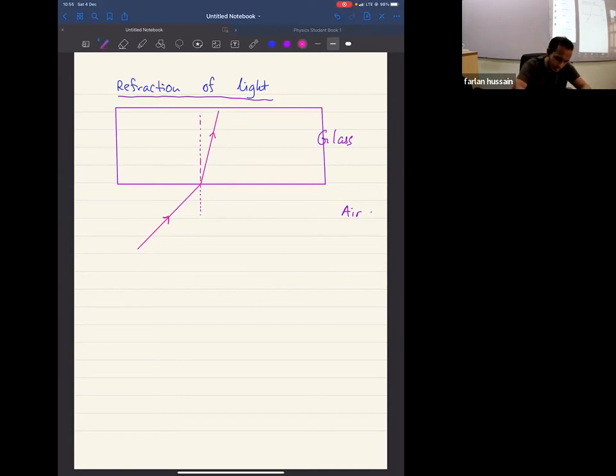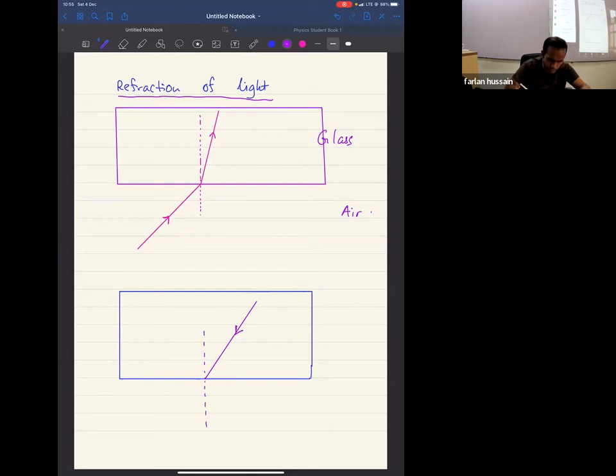Let me take another example. Now the light is traveling from glass to air. It is moving from a denser medium to a less dense medium, and it bends away from the normal.